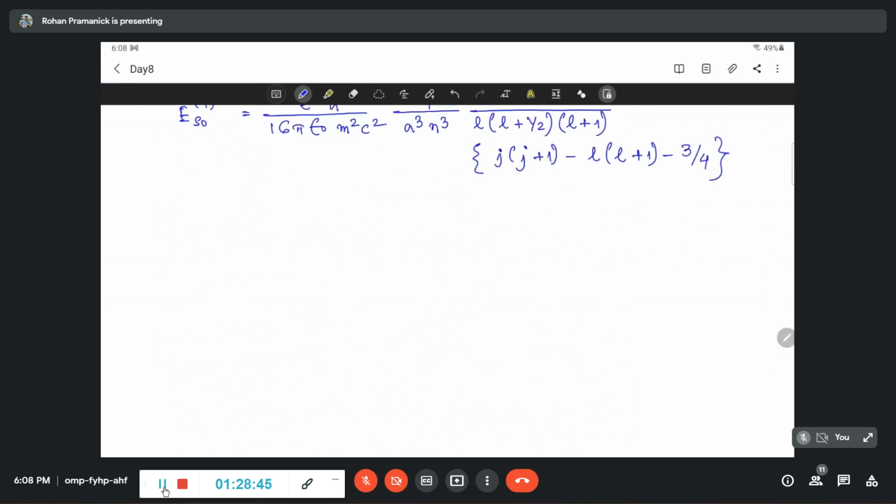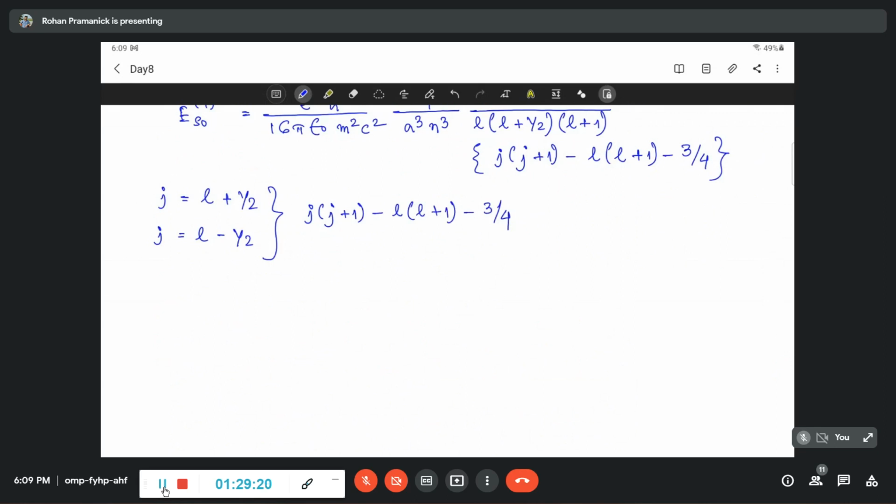So this j value can have two possibilities. Either you have j equals L plus half, you calculate this thing, or you have j equals L minus half. In both these cases, you calculate this term, j into j plus 1 minus L into L plus 1 minus 3 by 4, writing L in terms of j.